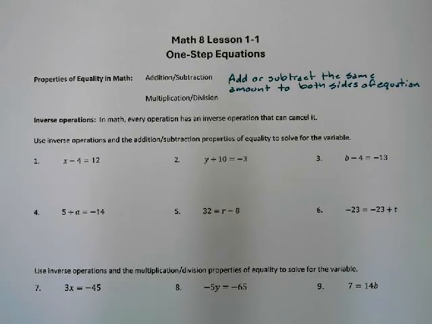The multiplication and division properties of equality are similar to each other, and they're similar to the addition and subtraction. But what they say is that you can multiply or divide the entire side of an equation by the same amount. So you can't pick and choose what you multiply and what you don't.